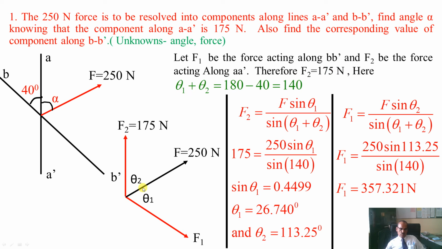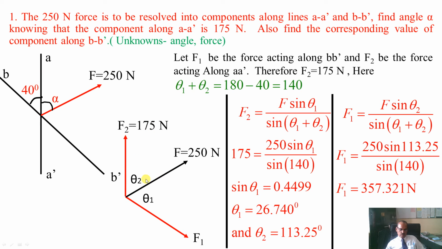So what I will do, I will take the angle between 250 and line BB as theta 1. This angle I will take theta 2, between the 250 Newton and F2.